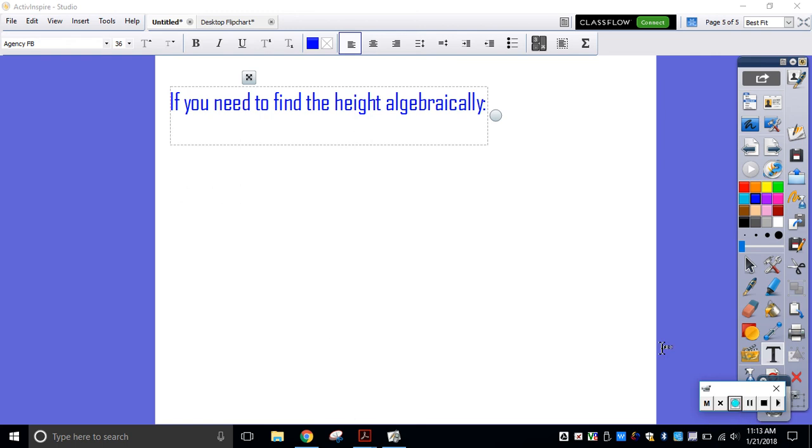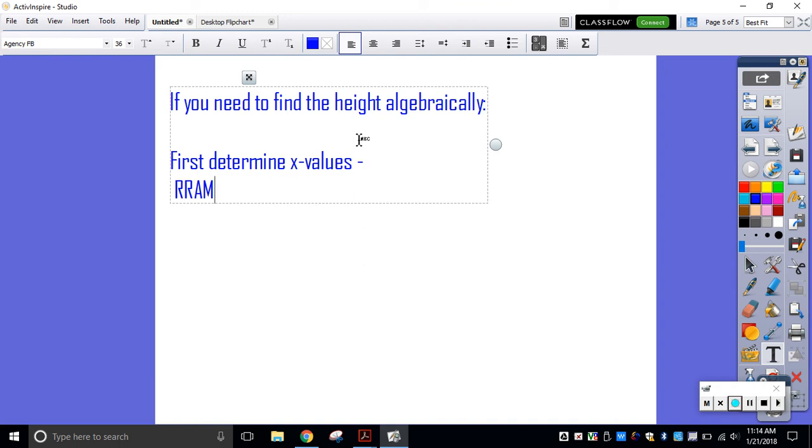Sometimes they won't give you a graph. Sometimes they'll just give you an equation and a number of rectangles and an interval. And so to find the width of each rectangle, you use that little formula. But you also need to find the height. So the way you do that is you first determine your x values. If it's RRAM, leave the first x value off.